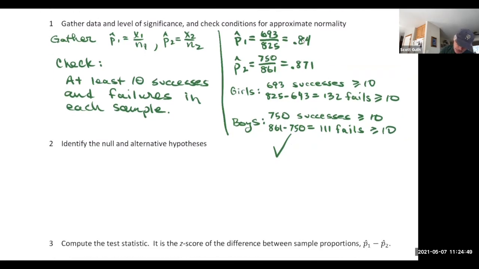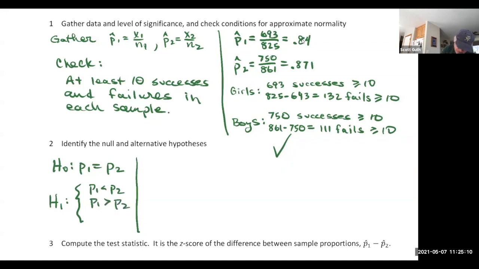Okay, so in general, when we do our null hypothesis, it'll be p1 equals p2. There's no difference in the 2 populations. The alternative, you have to pick. So you can do p1 less than p2, p1 greater than p2, or p1 not equal to p2.